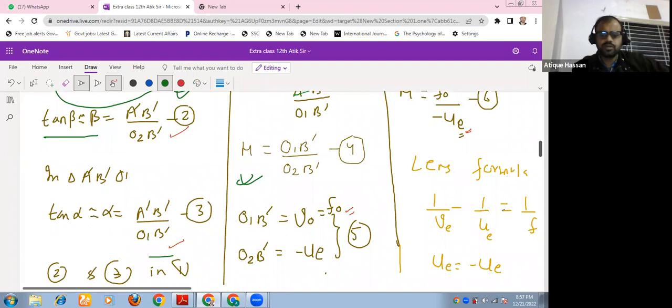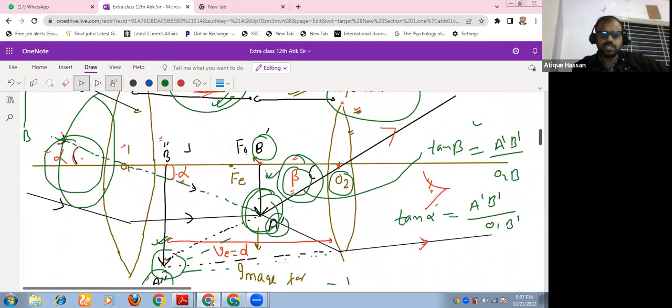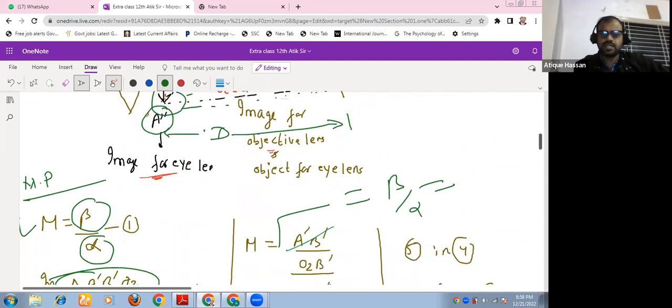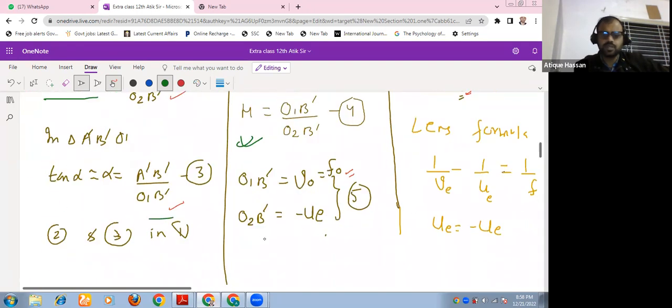And V naught, and O2 B dash, you can see here what is O2 B dash. Obviously the distance from the eyepiece. So you can take it as UE. So O2 B dash will be UE and O1 B dash will be V naught. So in this part, anyone having any doubt, please ask.